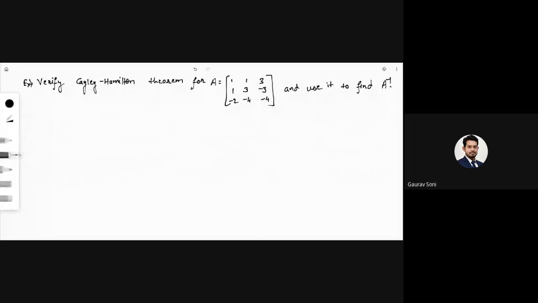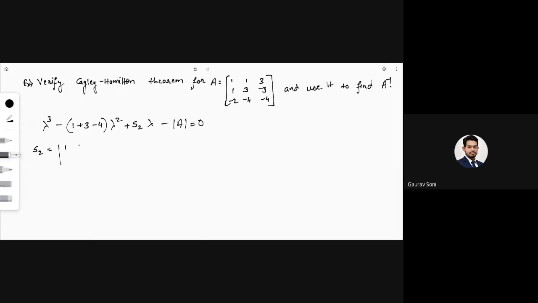So I will start solving over here. What things do we need? The characteristic equation for this will be given by lambda cube minus the trace of this matrix A, which is 1 plus 3 minus 4, times lambda square, plus S2 times lambda, minus the determinant of A, equal to 0. I will find S2 separately.